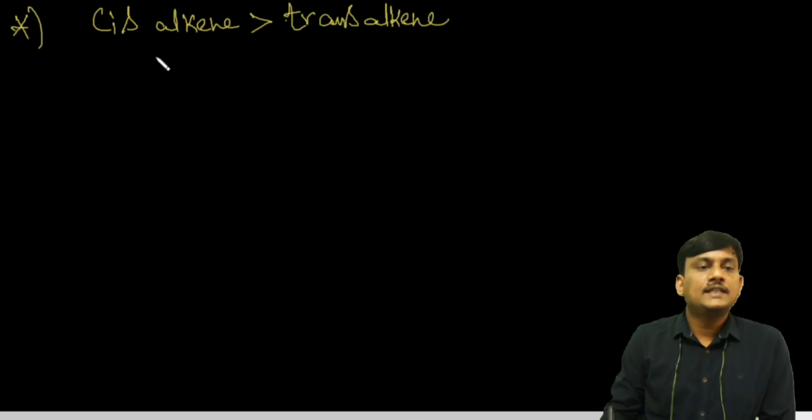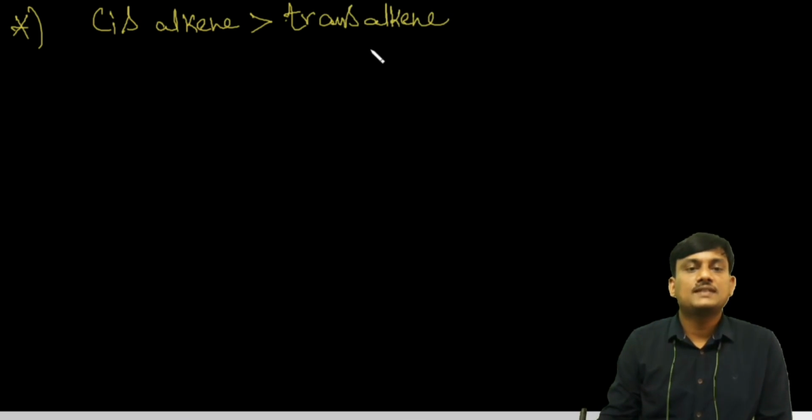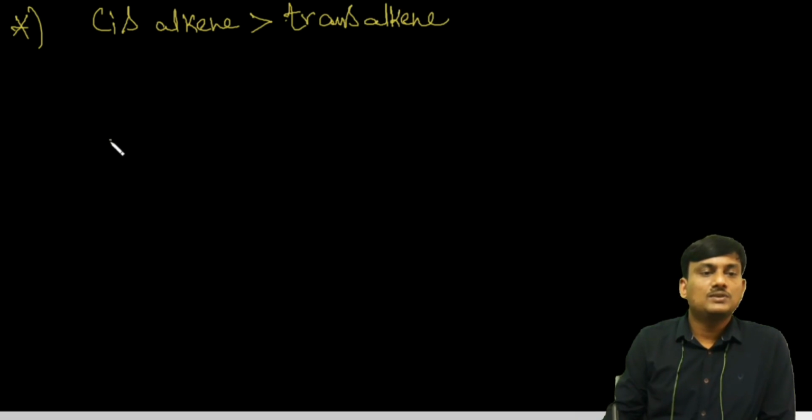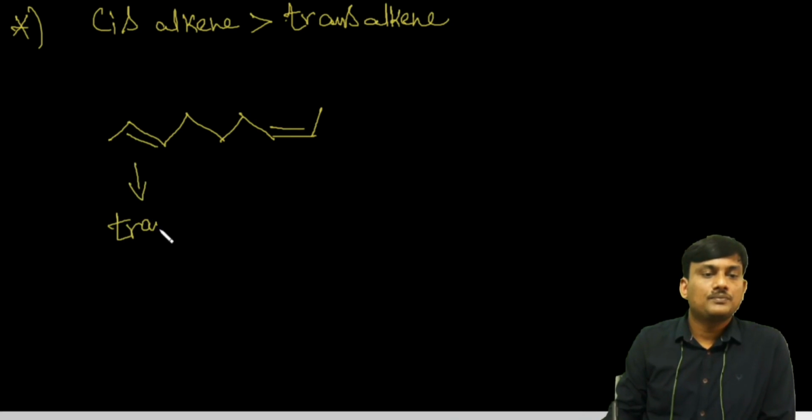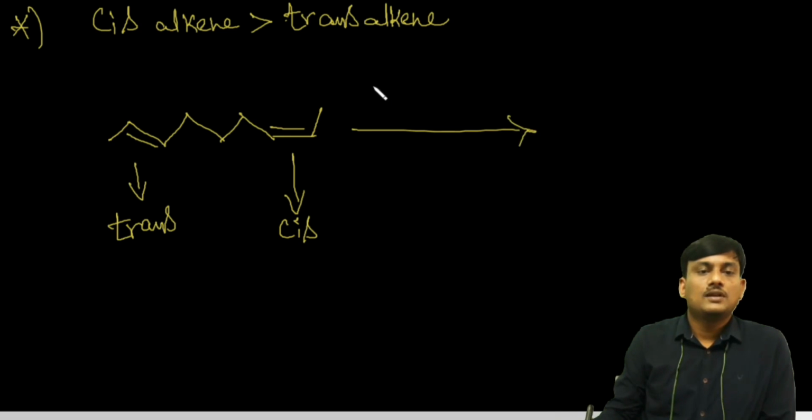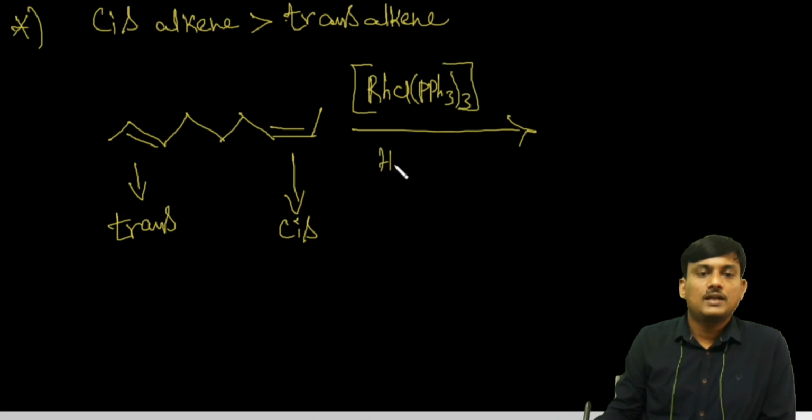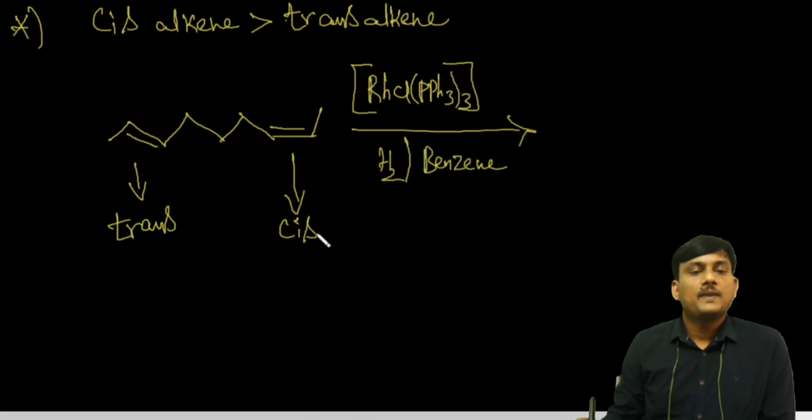So the cis C double bond C will be reduced over the trans C double bond C. If you take this molecule, this one is a trans C double bond C and this one is a cis C double bond C. In the presence of Wilkinson's catalyst and hydrogenation in benzene, the cis one is more reactive, so the cis C double bond C will be reduced.